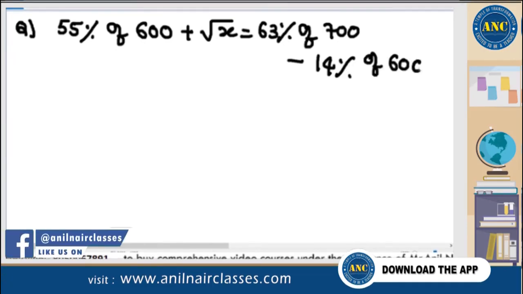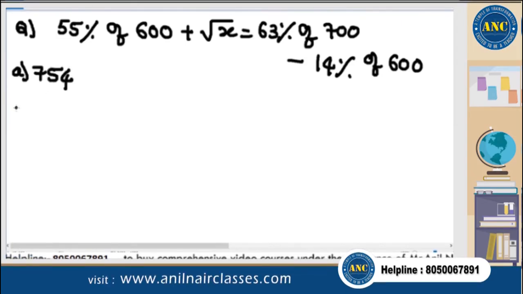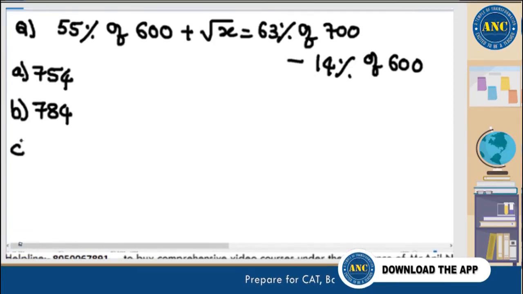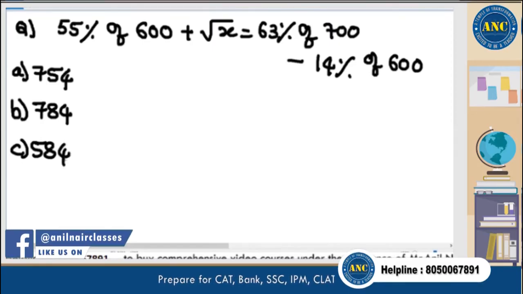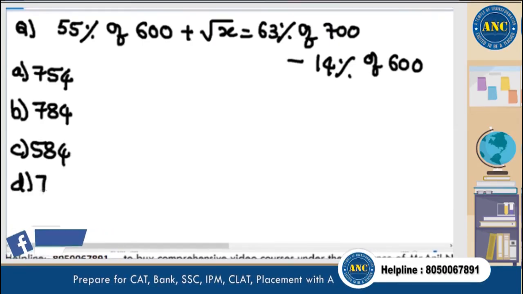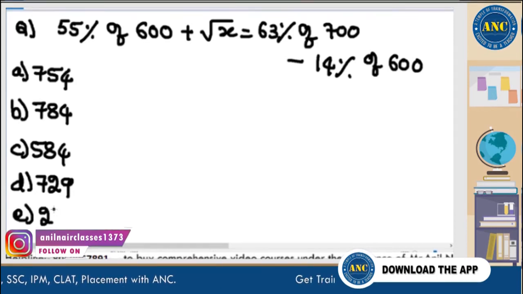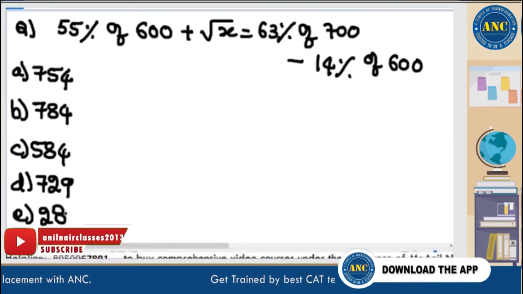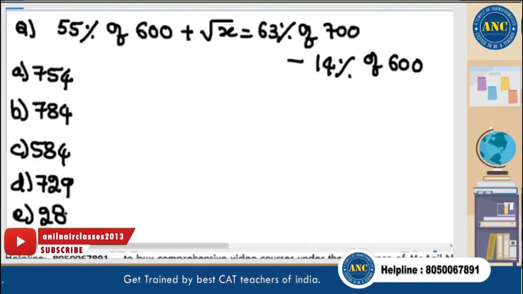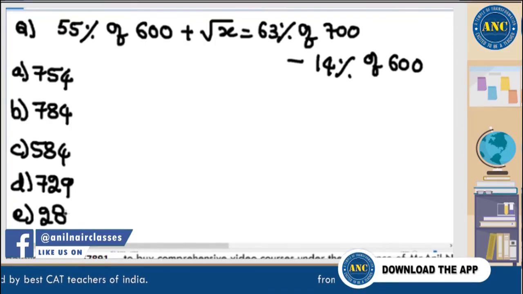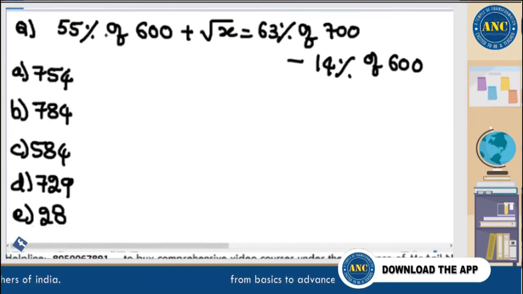By the end of the class you will get which logic to use. Write down options: 754, 784, 584, 729, 28.